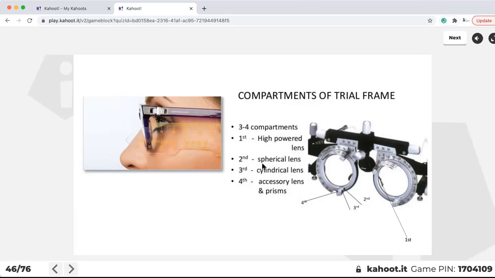The second will be for the spherical lens, the third or the middle will be for the cylindrical lens, and the fourth will be for any accessory lens or a prism or a pinhole. It can be made for the most anterior cell. So this is how we place the different lenses through the trial frame.